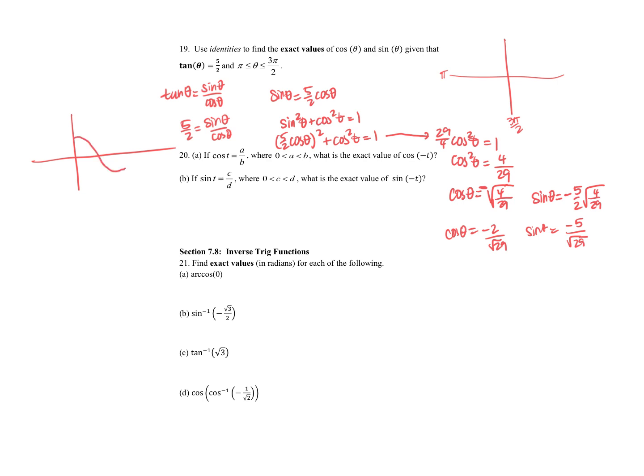If I think about drawing the cosine function, I can see that when I plug in a value t and the value negative t, they have the same cosine value because the y values are the same. So cosine of negative t is equal to cosine of t. In other words, if cosine of t is a over b, what is cosine of negative t? It's still a over b.